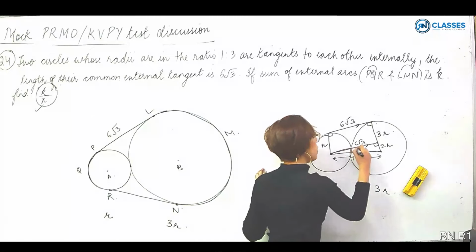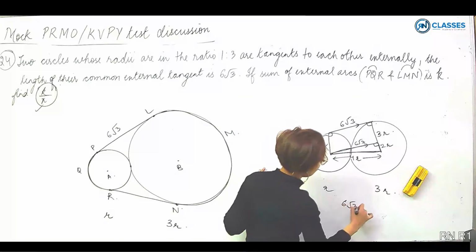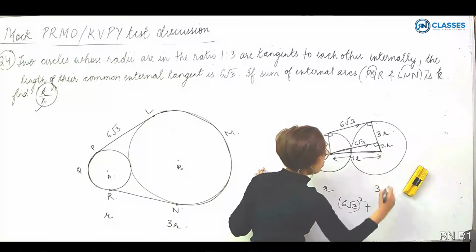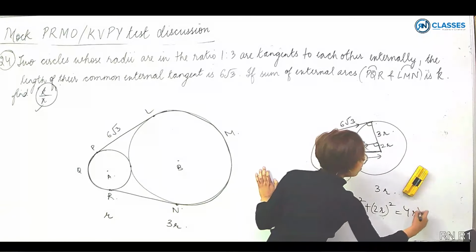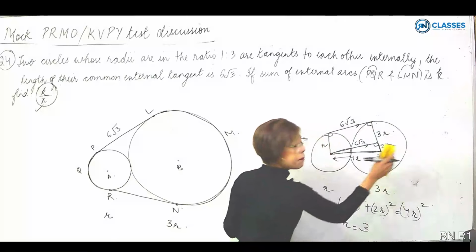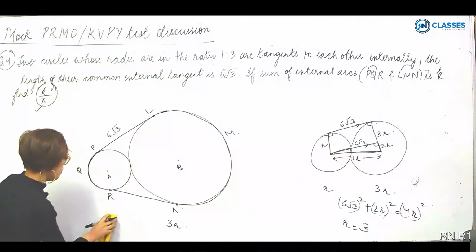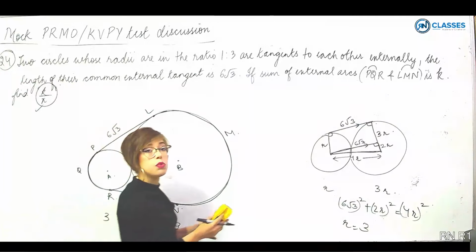So in this triangle, you can apply the Pythagoras theorem because I can say (6 root 3) whole square plus (2R) whole square will be equal to (4R) whole square. You can find the value of R. R turns out to be 3. Right? So R is 3. 3R will be 9. I know the radii now of the two circles.